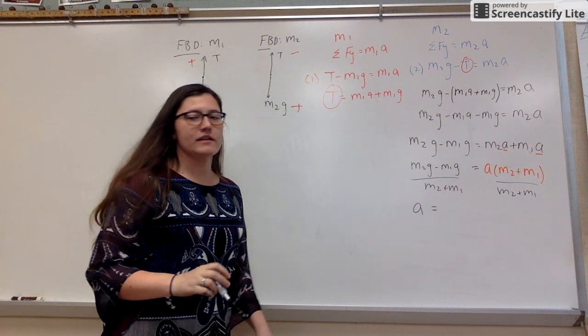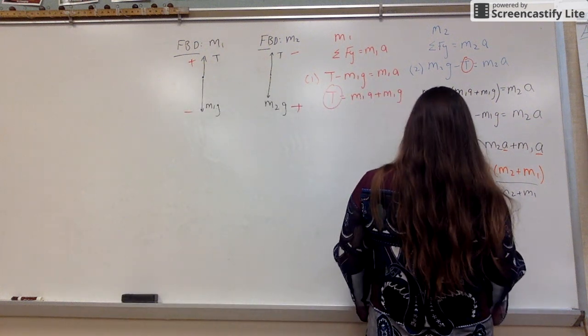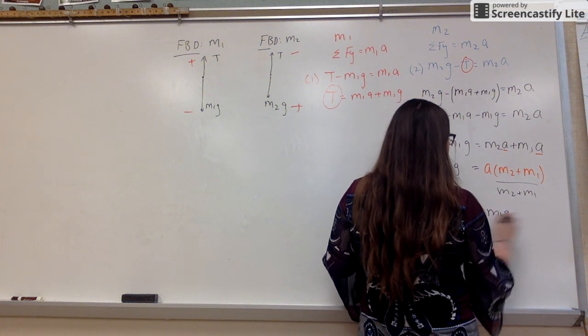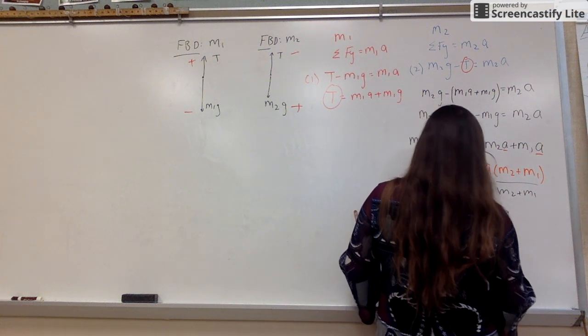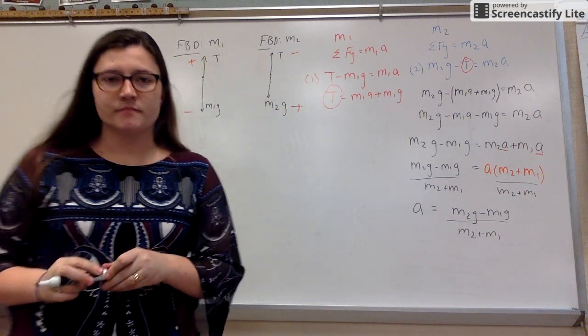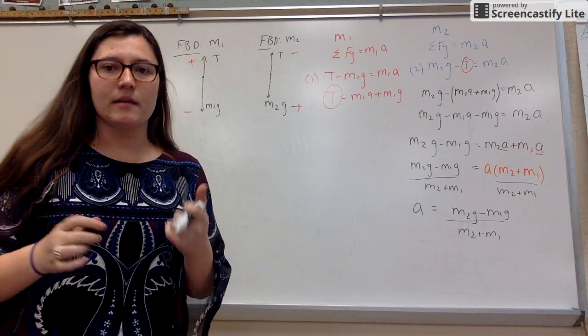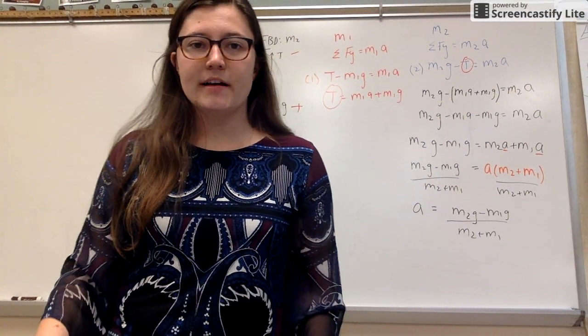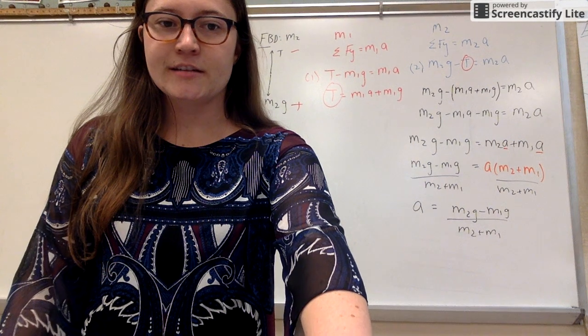We rearrange and we're left with A equals M2G minus M1G divided by the sum of the masses. Okay, so now we can plug in for A. I'm going to pause for a second and plug those numbers in.